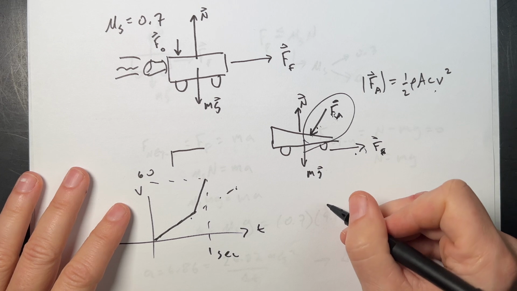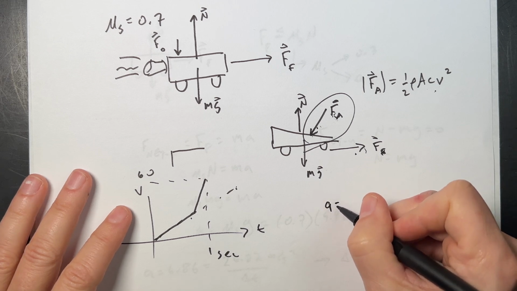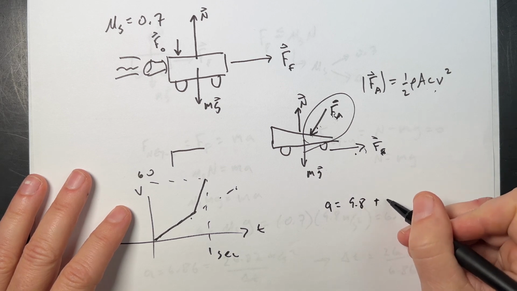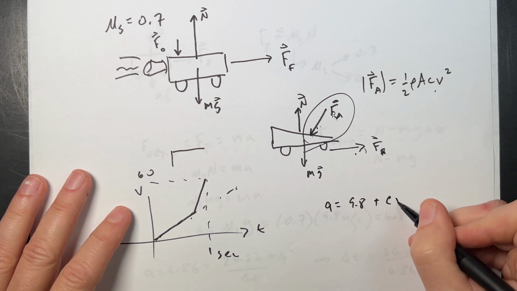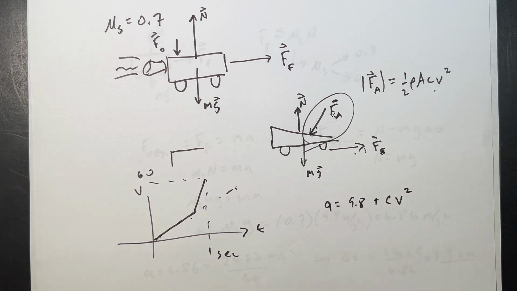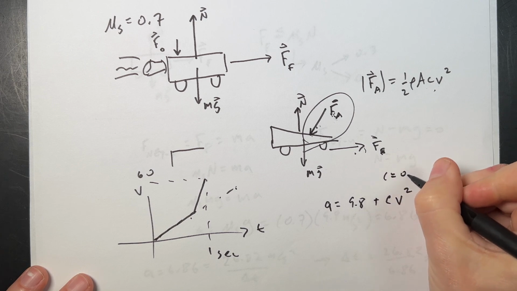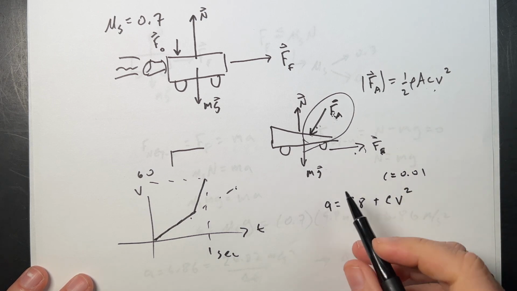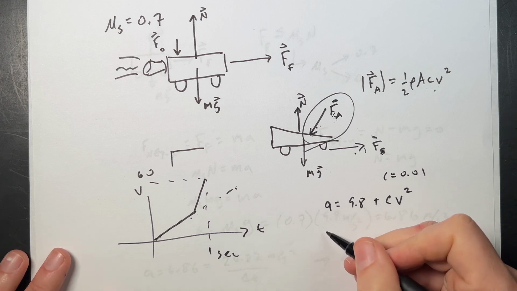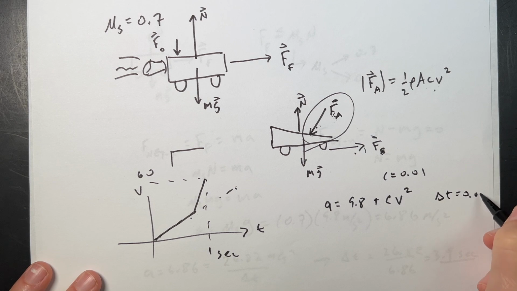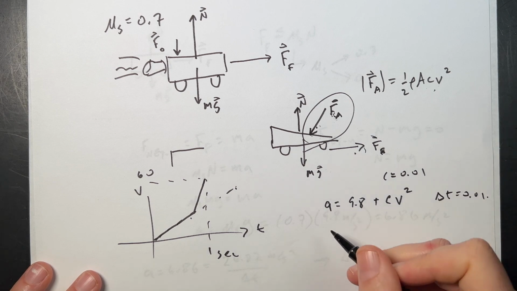So I can do a numerical calculation where I say the acceleration is 9.8 plus some constant c times v squared. Where c, I'm just going to pick. Let's start off with c is 0.01. And then I can calculate the change in position during each short time interval, delta t 0.01 seconds or something like that.